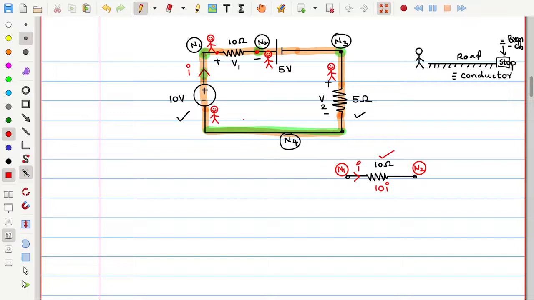So just think in this way, this analogy. One person reached this element, and once he reached over here, he is looking at this element. If this is a voltage source, he will take out that voltage and fill it in his bag, and that is the branch voltage.